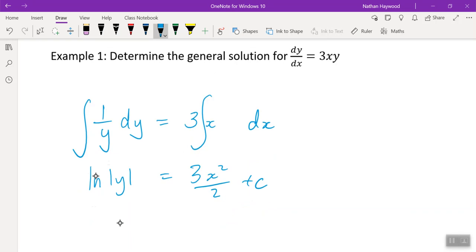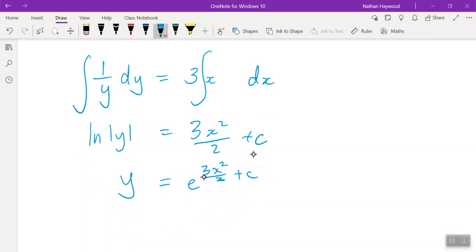So the inverse of natural log is e, so it's e to all of that power. And one way to define the plus c, you don't have to do this, sometimes it's easier when finding a particular solution, is changing the plus c into a capital A, which is a coefficient instead of a power.